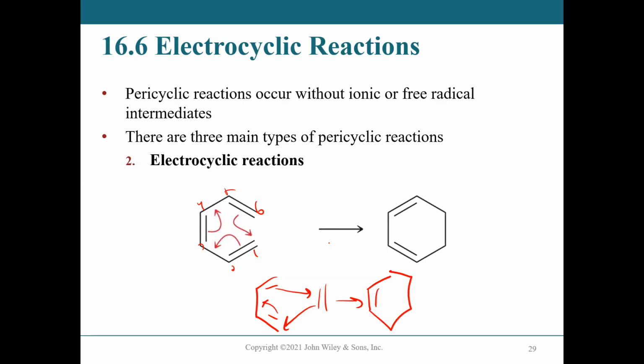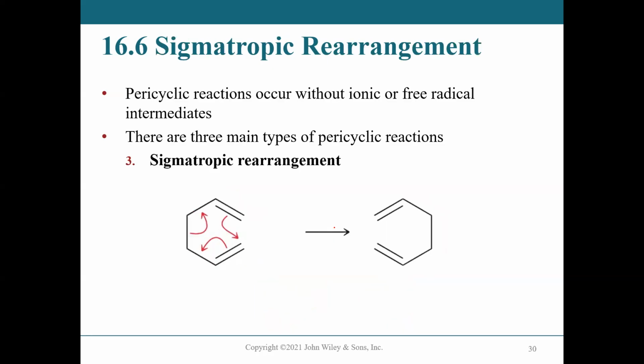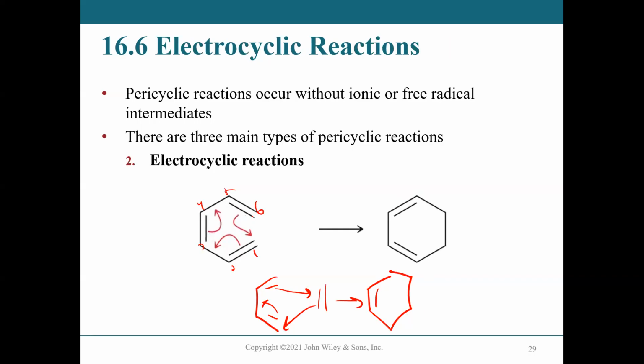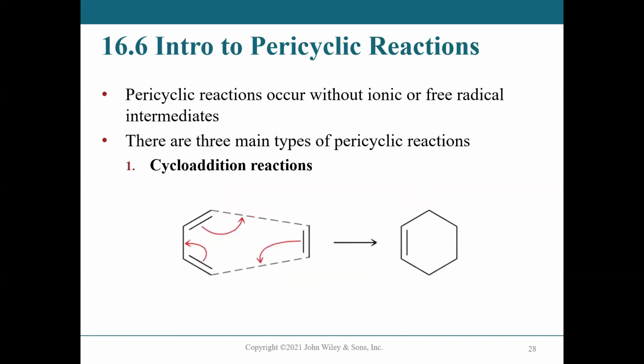So this is different. And we can also have a rearrangement. It's called a sigmatropic rearrangement, and this is their rearrangement. And those are your three main types of pericyclic reactions. So you have your sigmatropic rearrangement, you have your electrocyclic reaction, and your cycloaddition reaction.